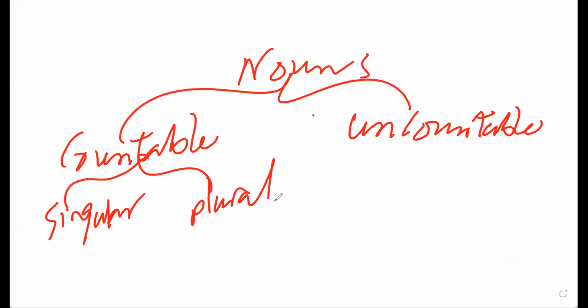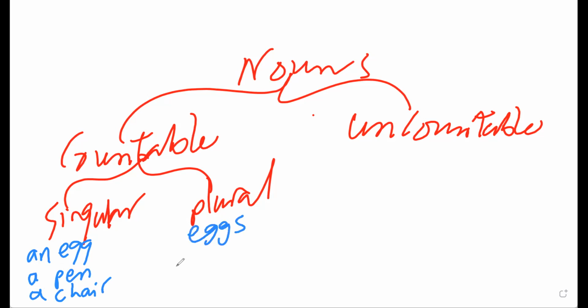Singular like what, Nawaf? Singular like an egg, a pen, a chair. This is singular. And plural, how to make plural like an egg? Eggs. Pens. Chairs.